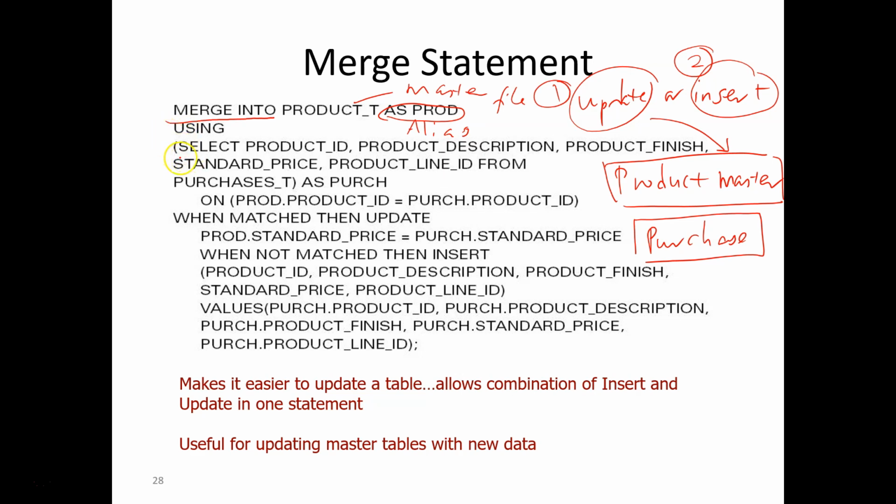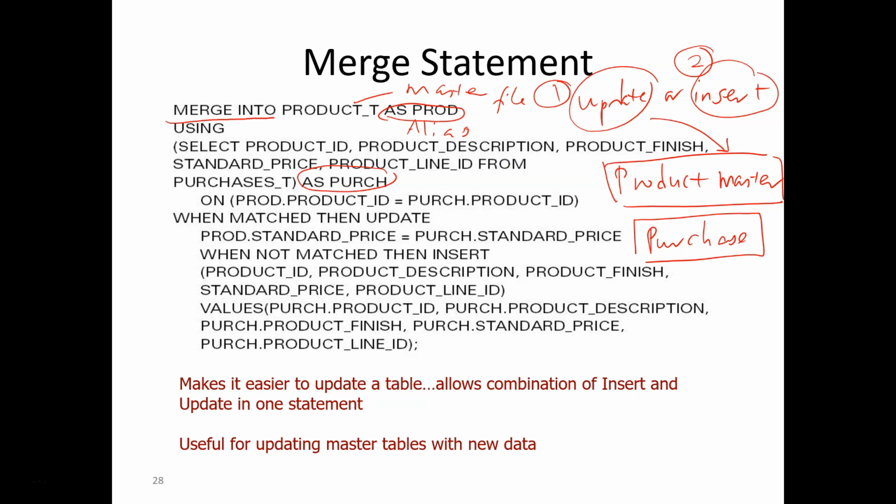I select product ID, description, finish, standard price, product line ID from the purchase table as purge. Again, it's an alias for the purchase table. Right, purge. So what you're getting here is all these fields from the purchase table on prod.product ID equal to purge.product ID.